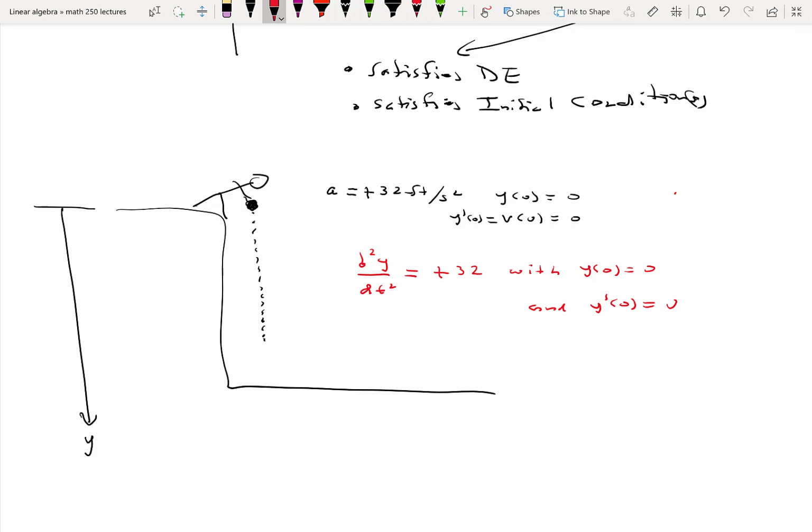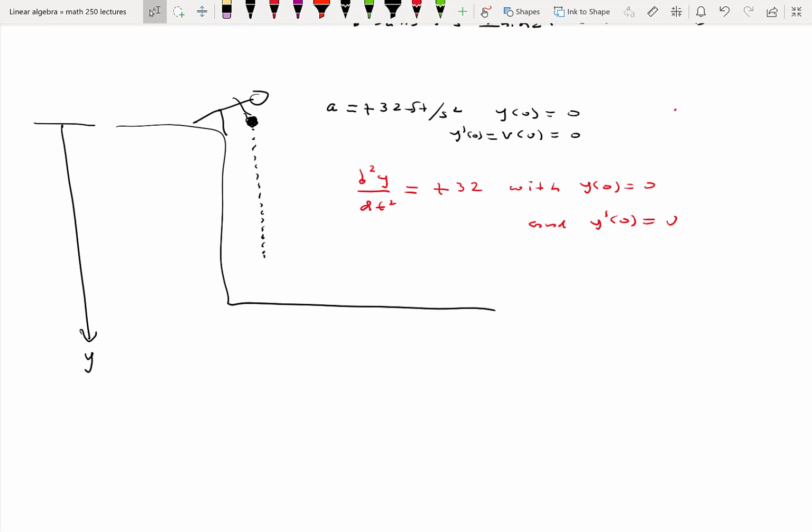Without going into too much detail, it's very common to model wind resistance as directly proportional to velocity, so let's say minus b times velocity.